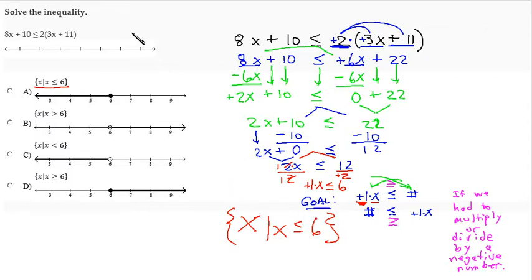But let me show you how, because it's the only answer of the choices shown that has this solution set shown. I'll bet you the answer is going to be A. But here's the consideration for graphing an inequality that has a two-part inequality symbol, less than or equal to: what numbers could we put in for x that would be less than or equal to 6?